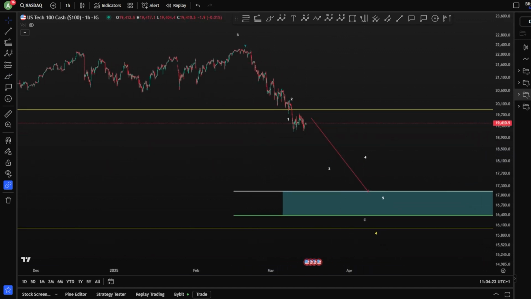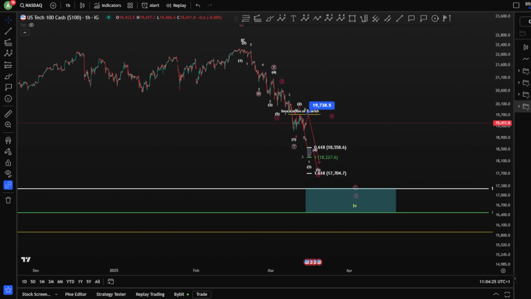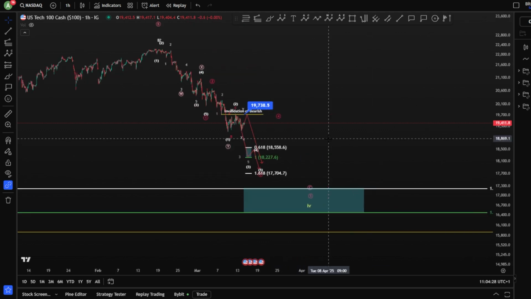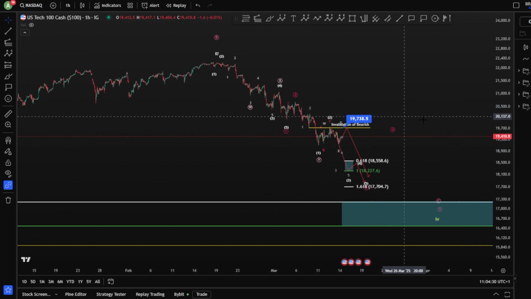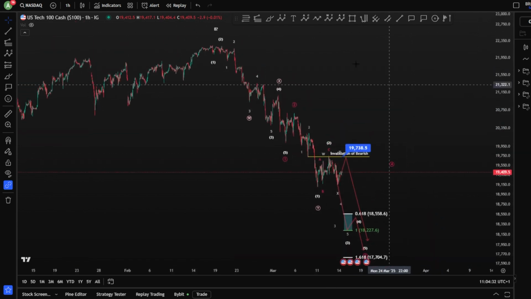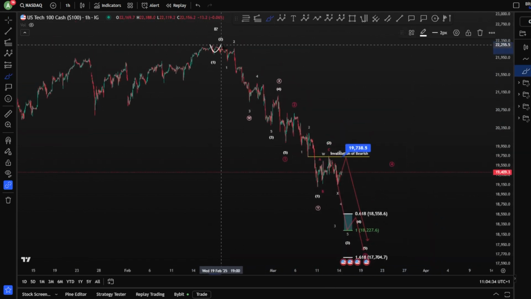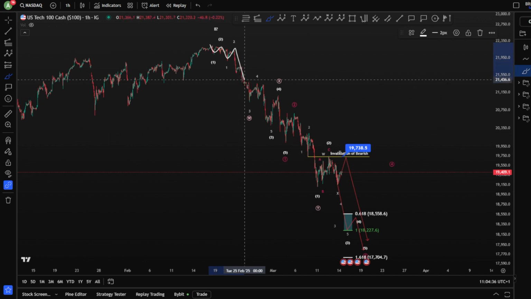Now, on the 1 hour chart, we have our count here, where we might dive inside this impulse. We have 1, 2, 1, 2. At the top, we got a wave 3 with a gap in between, meaning this is your wave 3.